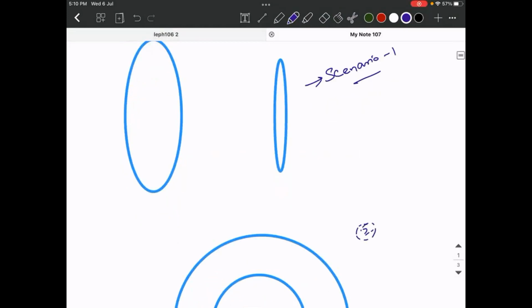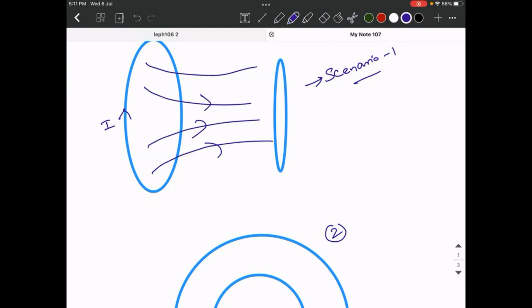And this is number 2. So in scenario number 1, let's say the current is passed through the first coil. Let's call it I. And this I will generate a magnetic field, and that magnetic field is getting linked to the second coil. So initially when the current through the first coil was 0, then the magnetic flux linked with the second coil would obviously also have been 0. When you switch it on, the current would have increased from 0 to a steady state value. During that process, what would have happened?